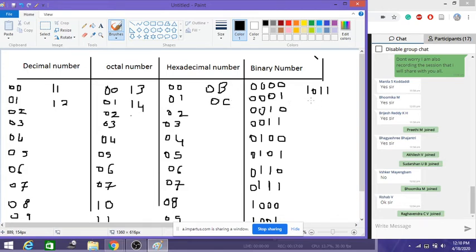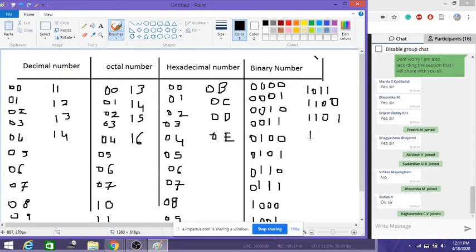And here you can see that this is 1101. Then 13, the equivalent number here is 15, and here it will be 0D. Sorry, this is 1100, and here I'll get 101. Then the next number is 14 in decimal, in octal it is 16, and in hexadecimal it is 0E.